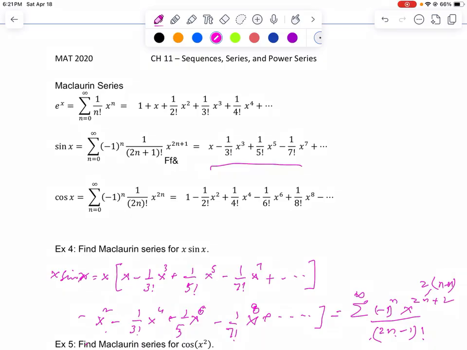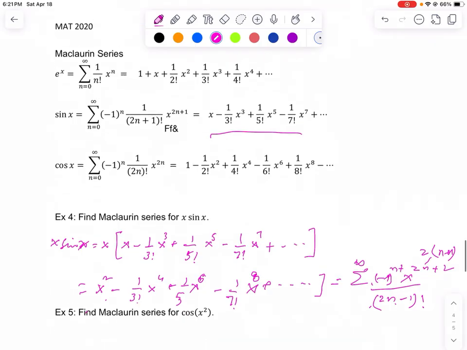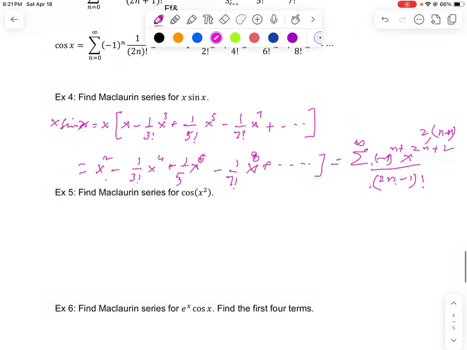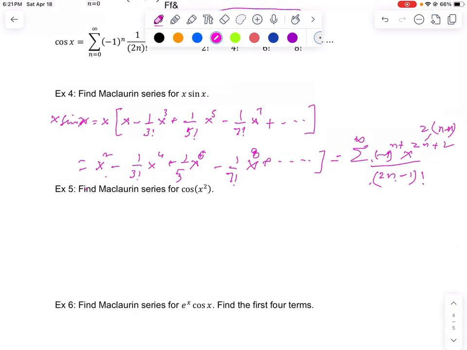Let's check again. Negative 1 to the n, and if n is 1, this will give me the first term negative, which I don't want. We want the first term to be positive. So we can take n plus 1 as the power of negative 1. Okay, let me write it clearly.